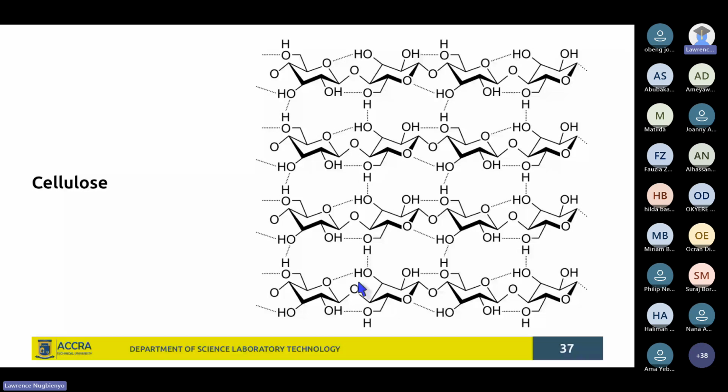And the interesting thing is that cellulose has the beta-1,4 glycosidic bonds, which salivary amylase is not able to break down. And so, because of that, if you take in fiber or wood, you will not be able to digest that into glucose units to generate energy.